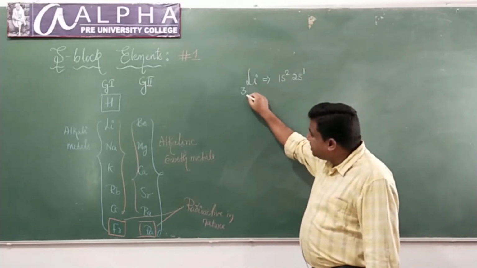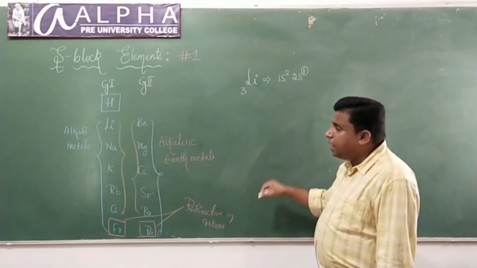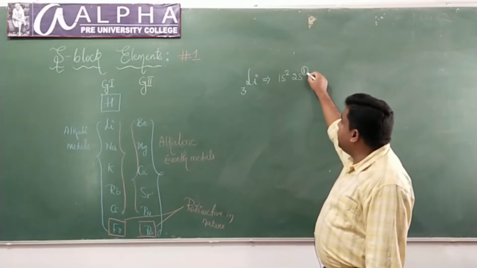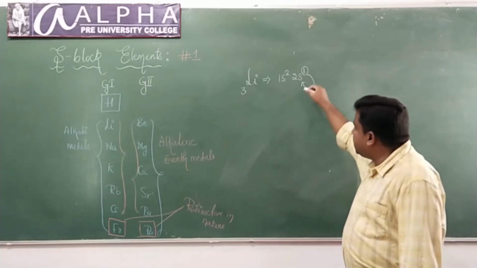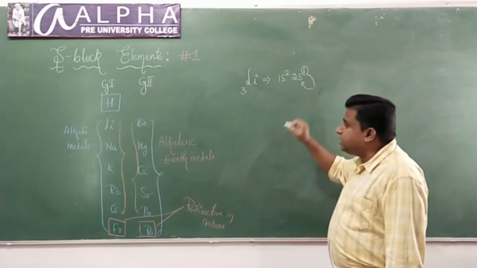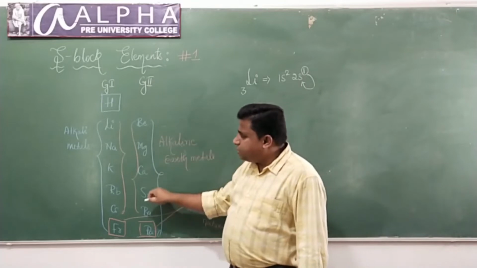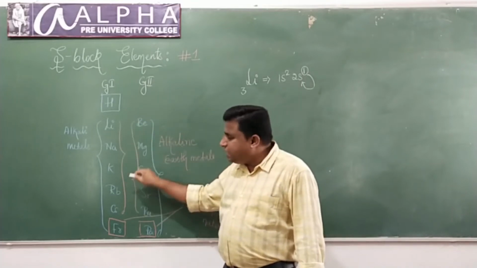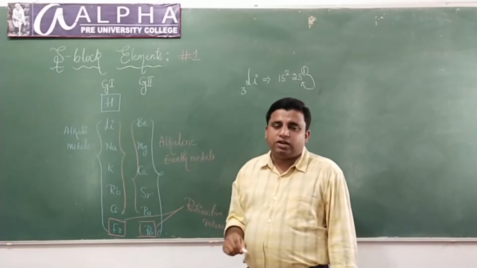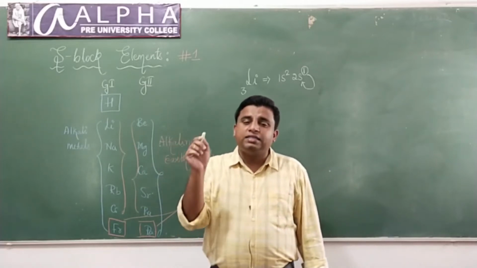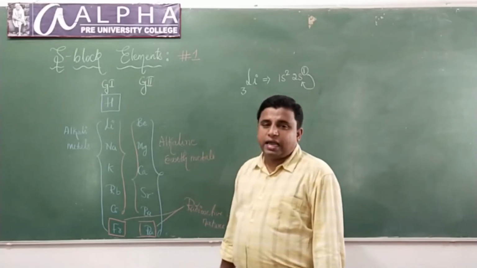It contains 3 electrons, and the third electron, that is the last electron, enters the last s orbital, correct? So in any of these elements, the last electron enters the last s orbital. That is why they are called S block elements.